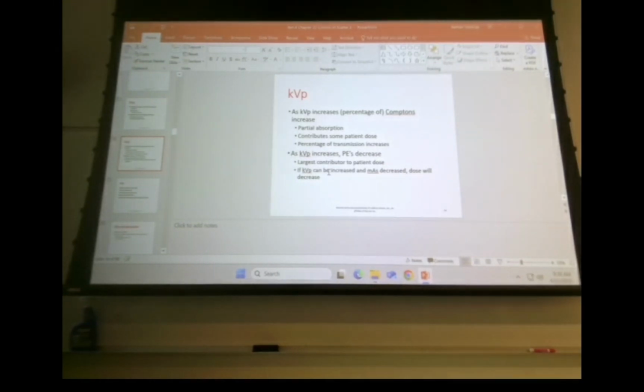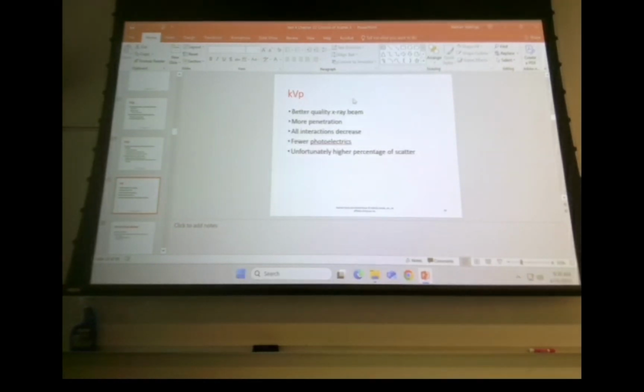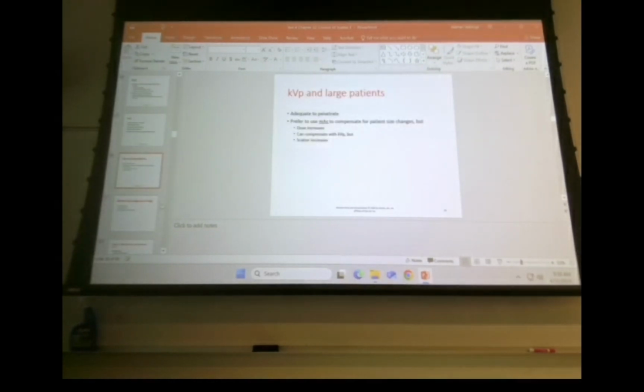So overall exposure to the patient increases, even though those high energy photons are less likely to be absorbed inside the patient, any kind of interaction. So kVp is your beam quality, you get more penetration, all interactions decrease at that upper register of kVp. We have fewer photoelectrics. Unfortunately, we do get a higher percentage of scatter radiation.